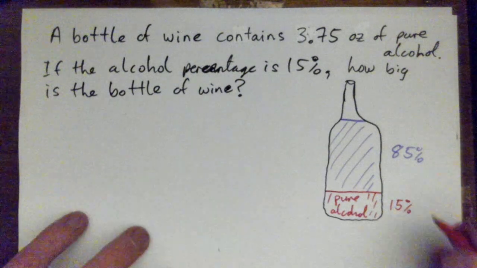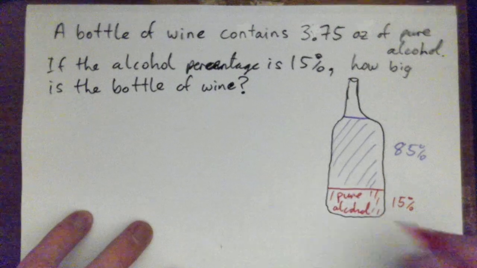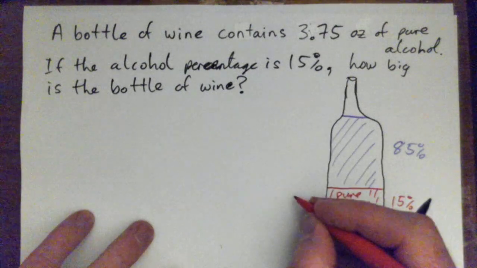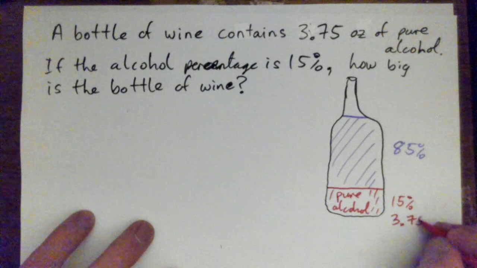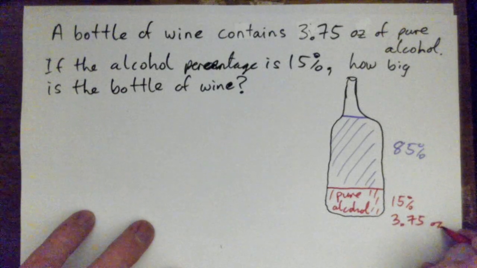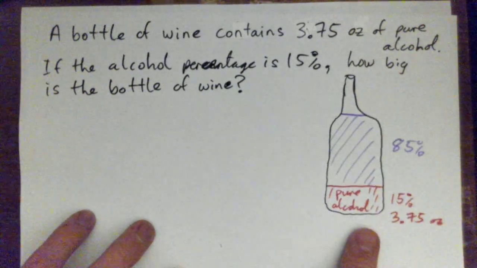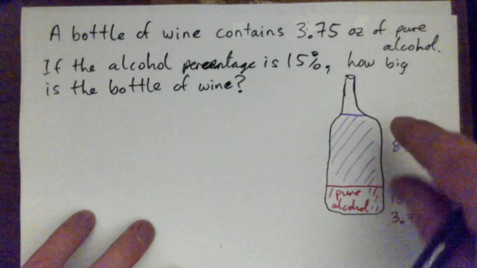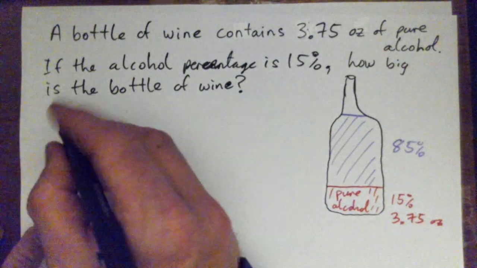So this 15% is our 3.75 ounces here. So that's 3.75 ounces. And we're just asked to figure out, okay, what's the total amount of ounces of wine in the bottle then, right? So what's all of it? So let's see.